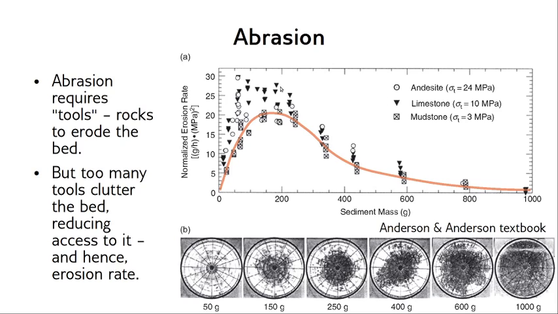And you can see that there are limestones that are plotting up here, and the andesite, which is stronger, that's plotting up here. And it seems that they're actually all plotting pretty well together on this curve, even though there's a strong difference in tensile strength. And so the question is really one that's much more of the sediment impacting the sediment dynamics than it is about the strength of the materials.